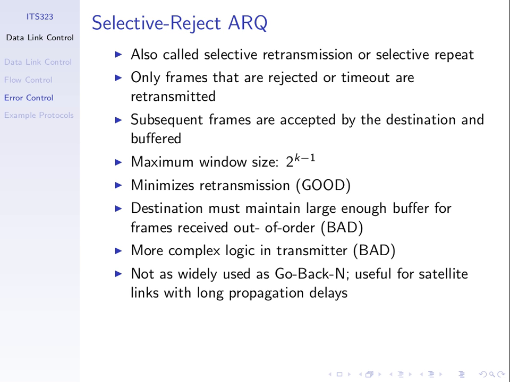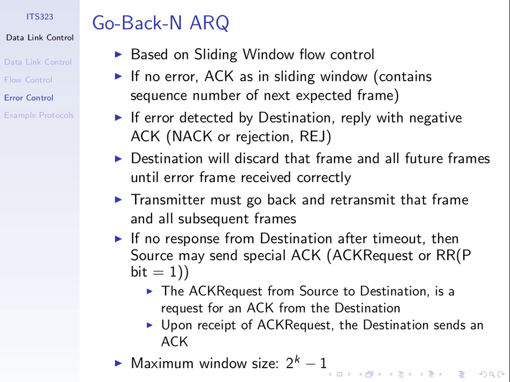So the k minus 1 is the exponent. This is correct for selective reject. With sliding window or go back n, the k is the exponent, minus 1. You're going to go read the textbook to find that out.